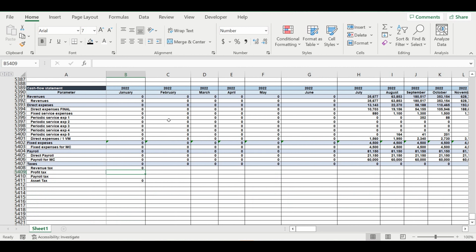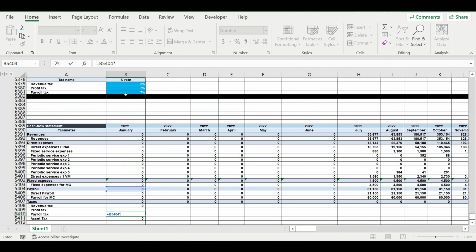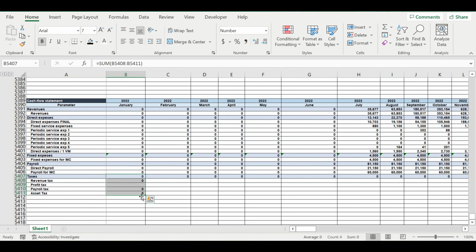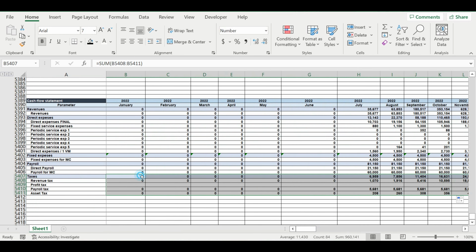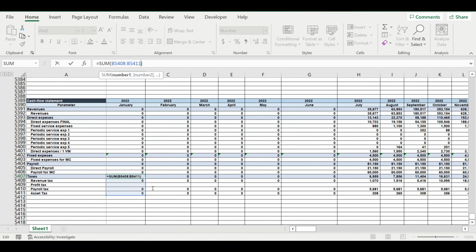Then profit tax, then we calculate the payroll tax, multiplying by the tax rate. By the way, totals are right.